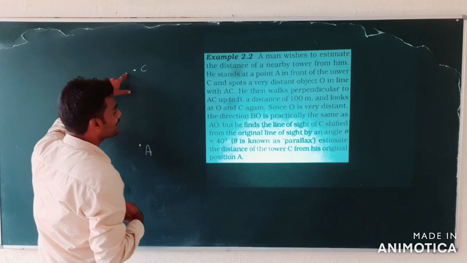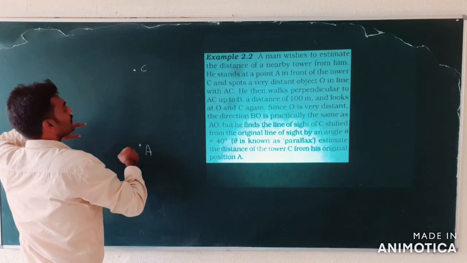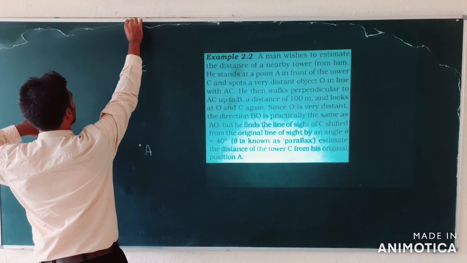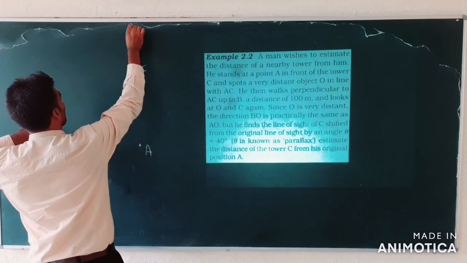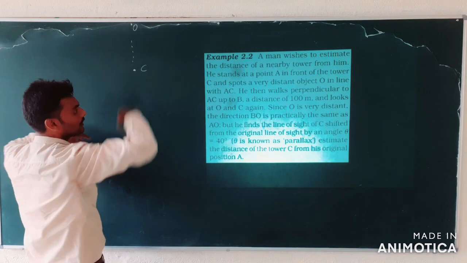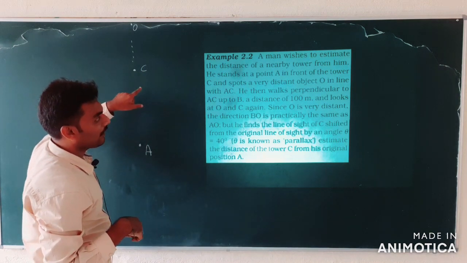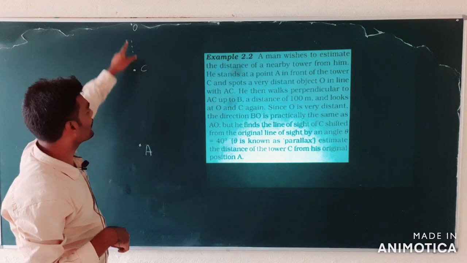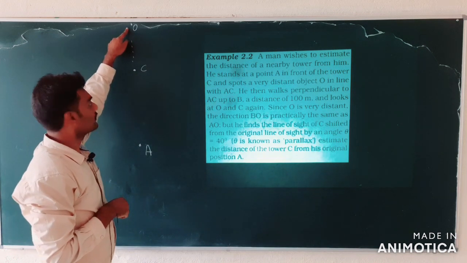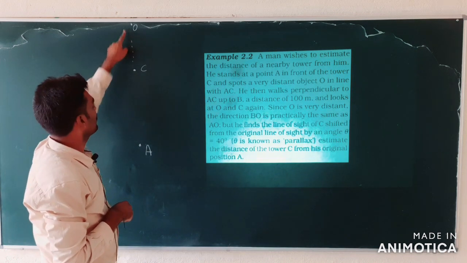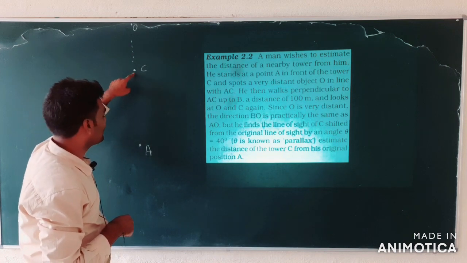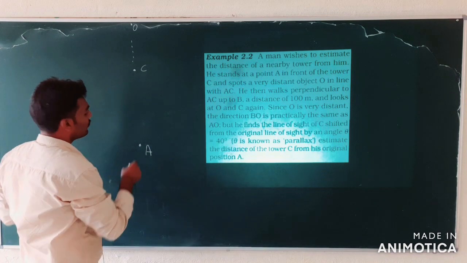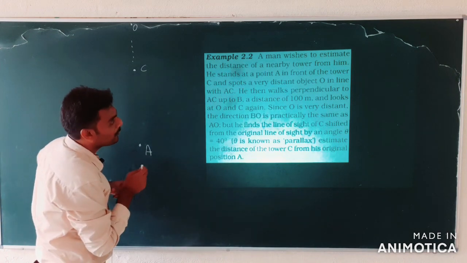He spots a very distinct object in the line. Okay, very distinct object at a position O, in the line with AC. So this is the reference that he is taking, the O, and C is the tower, A is the person. Now, what the person did is he then walks perpendicular to AC.